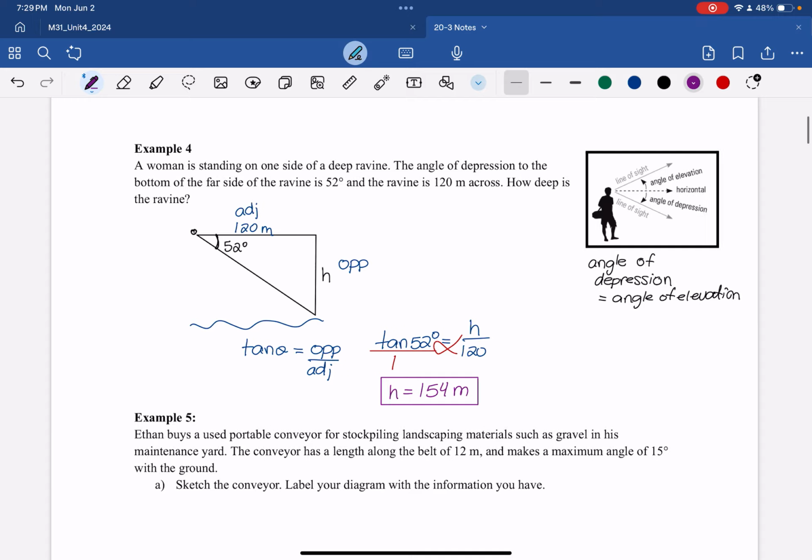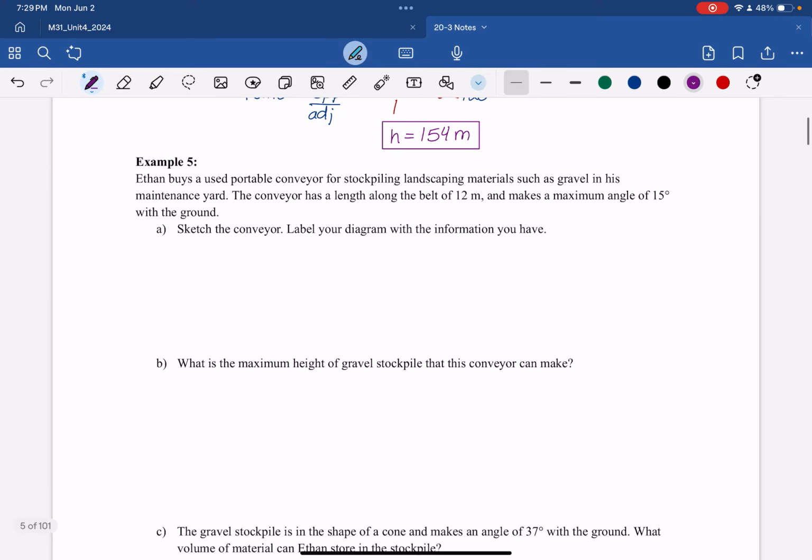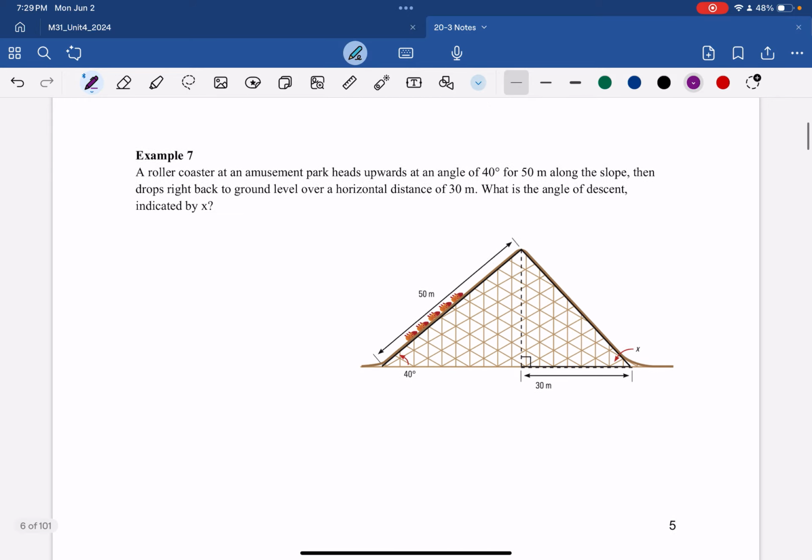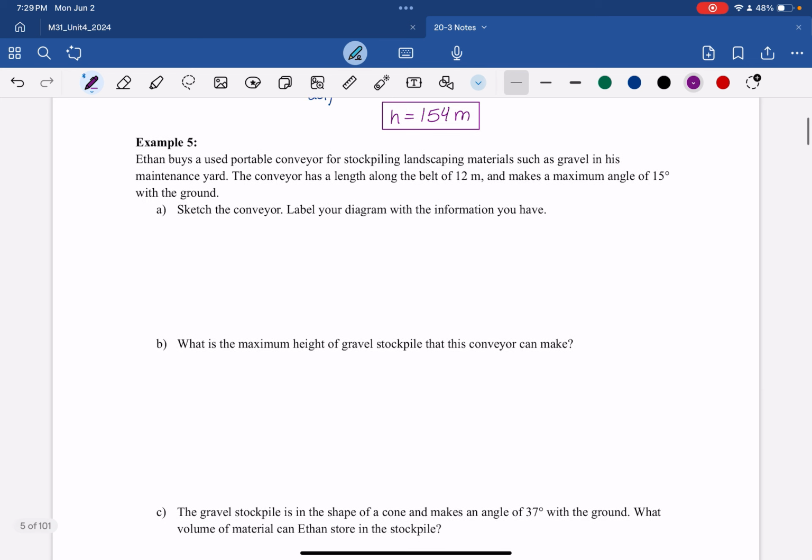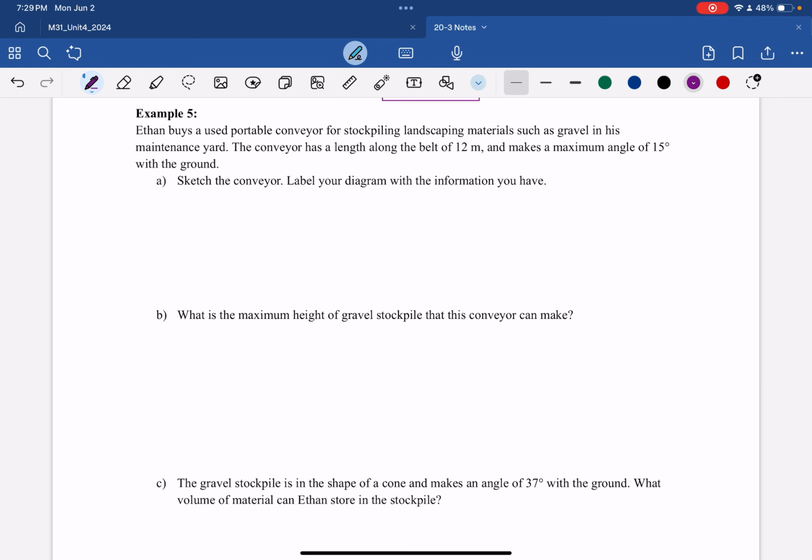Okay, we're almost there. So Ethan buys a portable conveyor for stockpiling and landscaping materials such as gravel in his maintenance yard.